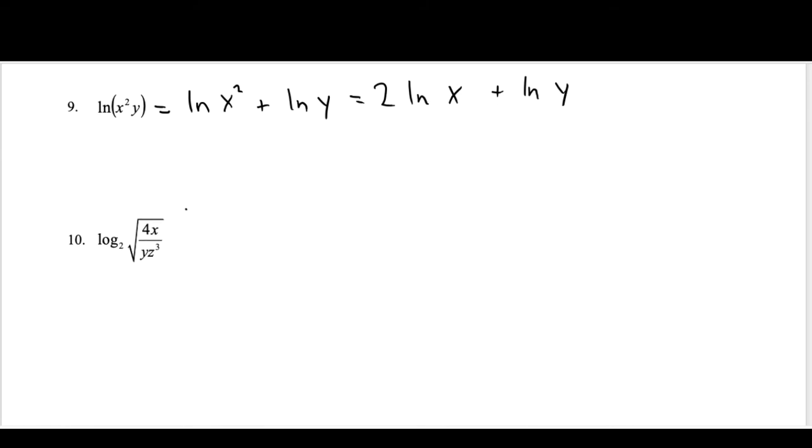With this one, I've got log base 2 of the square root of 4x over yz cubed. I could start by writing this, instead of using the root, using the exponential terminology. So I could write this as 4x over yz cubed raised to the power of 1/2. Raising something to the power of 1/2 is the same thing as taking the square root.